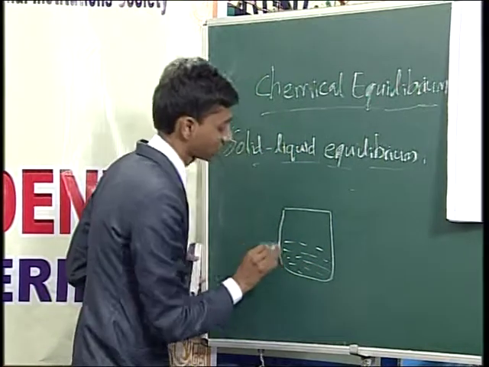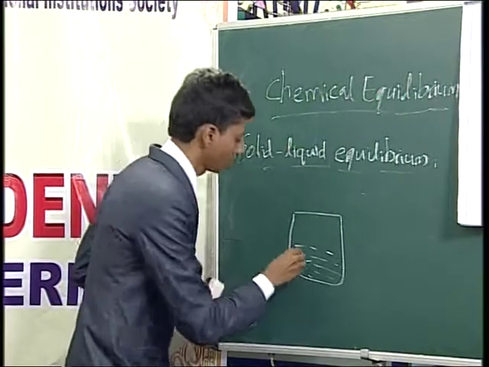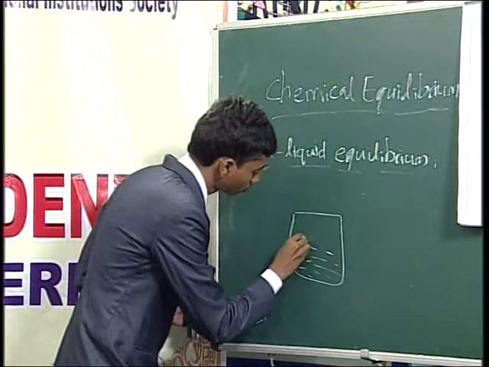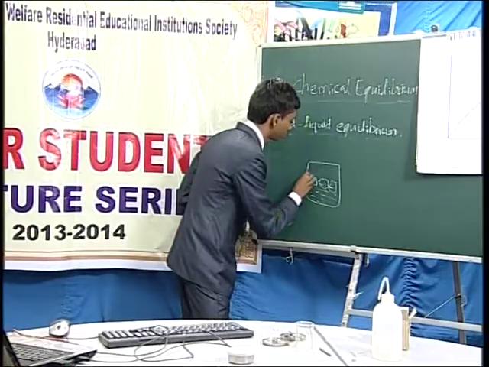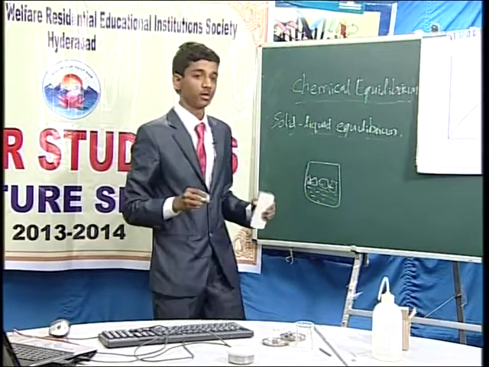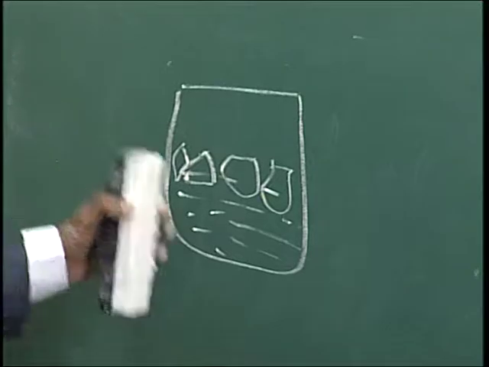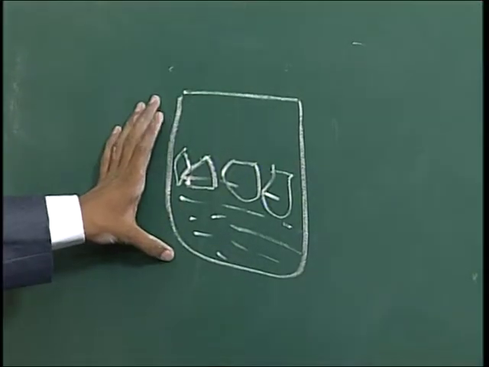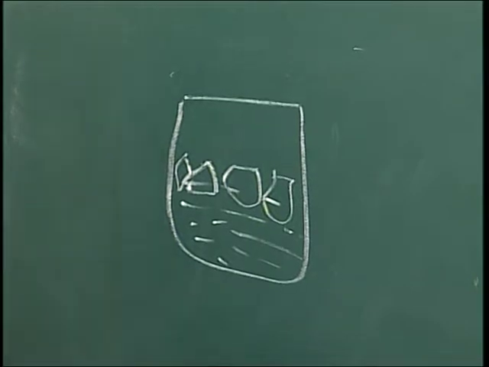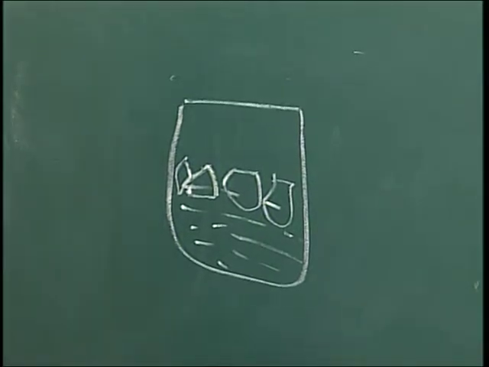Let us consider this is an insulated thermal flask, and let us place some water and ice cubes in it. After some time, what will you observe? At a particular temperature, 273 Kelvin, and at 1 atmospheric pressure.